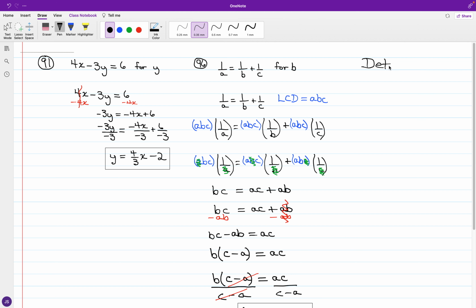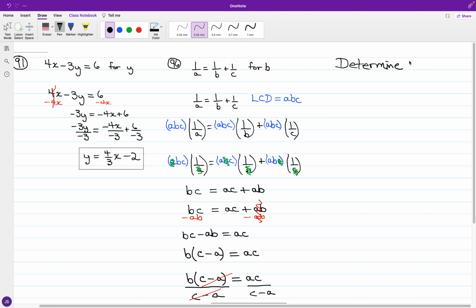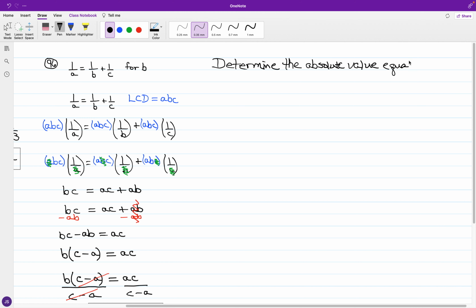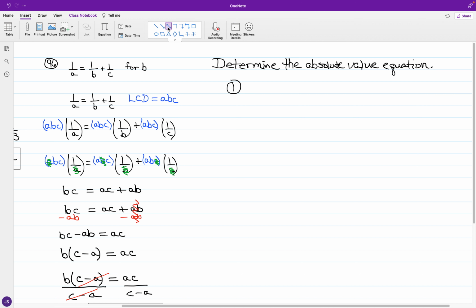Let's say I were to determine the absolute value equation, and we'll say that in terms of a graph. So I'm just going to put up a number line.